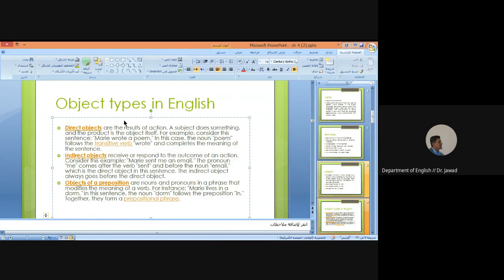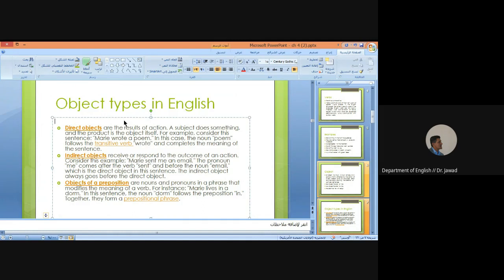In this case, the noun, a poem, follows the verb wrote.